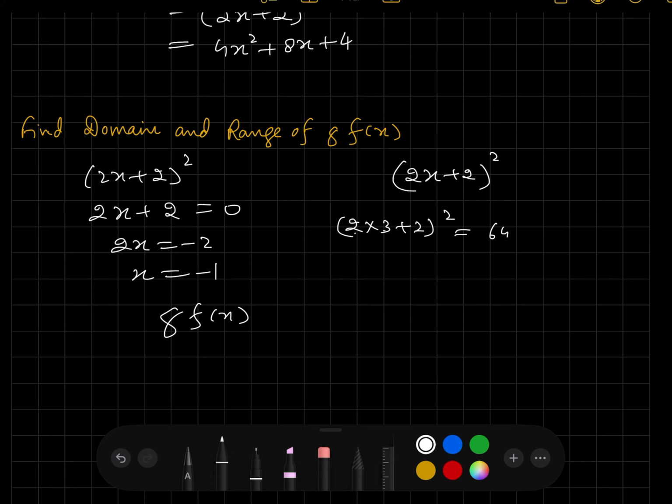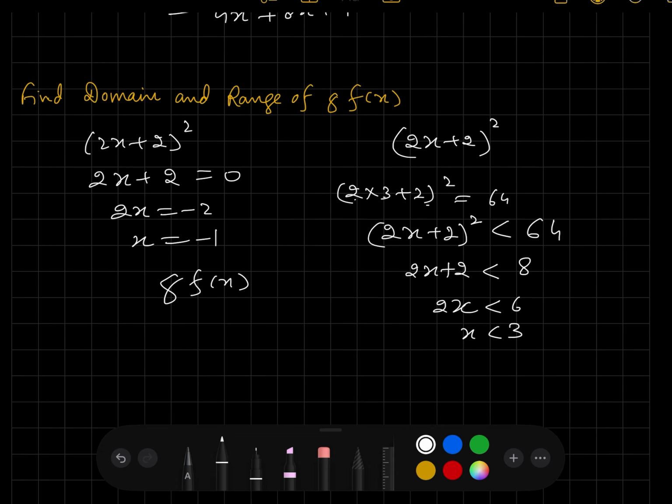Okay, so let me write here, (2x plus 2) whole squared should always be less than 64. Then taking a square root, 2x plus 2 is less than 8, and so 2x is less than 6, so x is less than 3, right? x is less than 3.